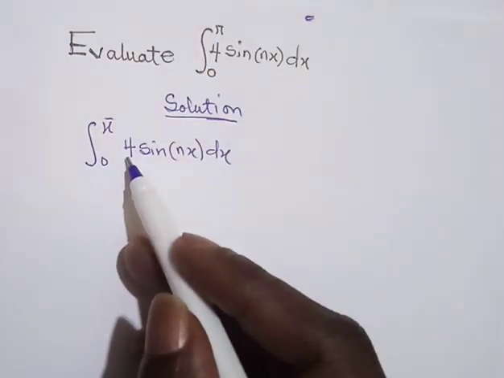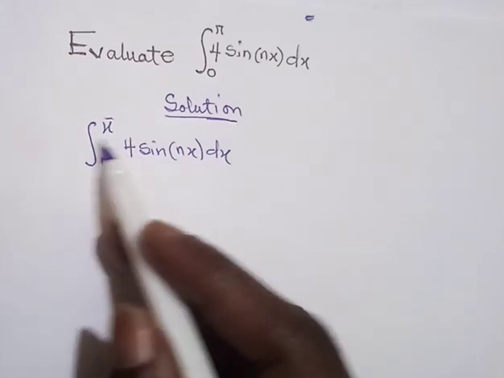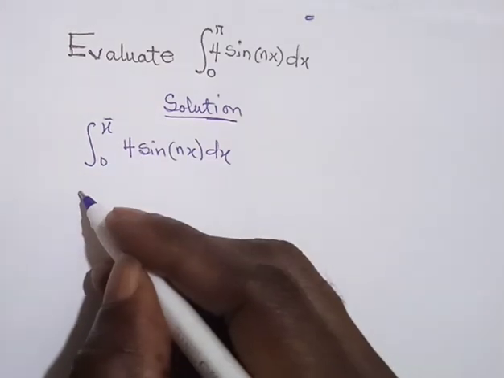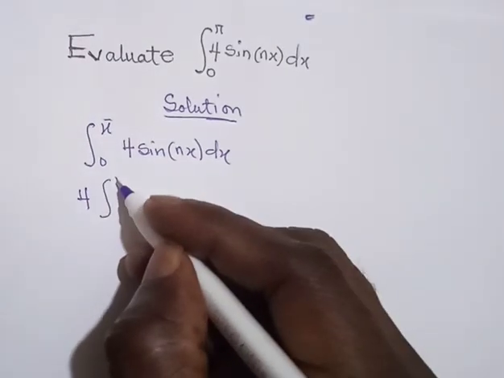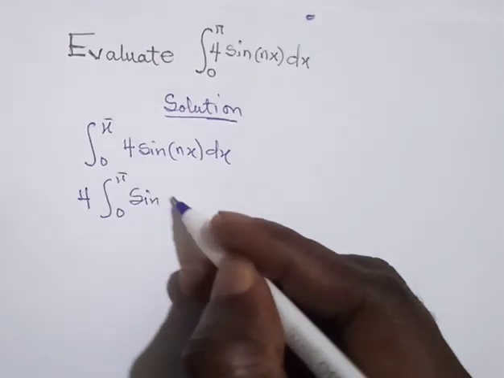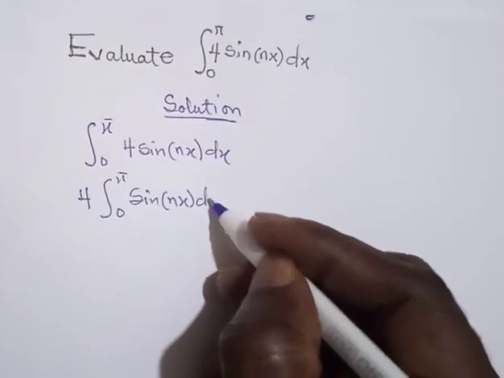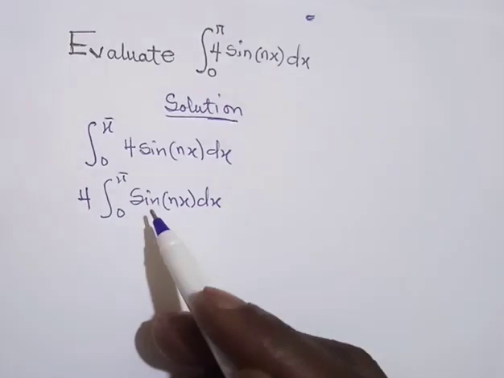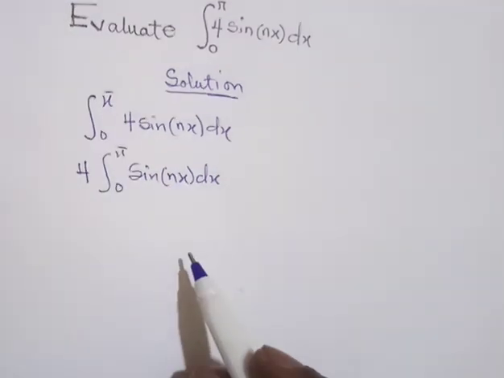Before that, this 4 is a constant, so we can bring the 4 out. So we write the 4 out, and then we have the integral of sine nx dx.